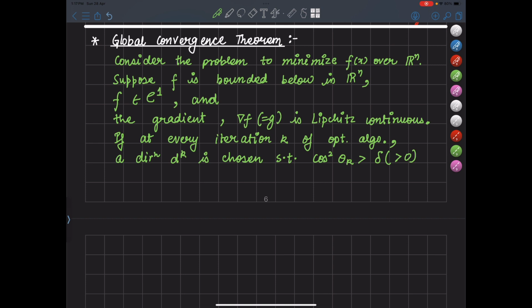So we always choose dk such that the angle between dk and the gradient, its cosine square is greater than some positive value delta, where θk is the angle between gk and dk, and alpha k satisfies the Armijo-Wolfe conditions.